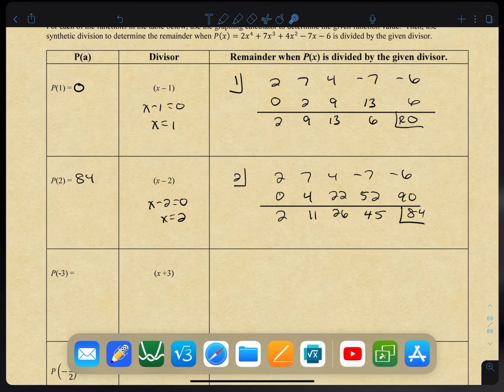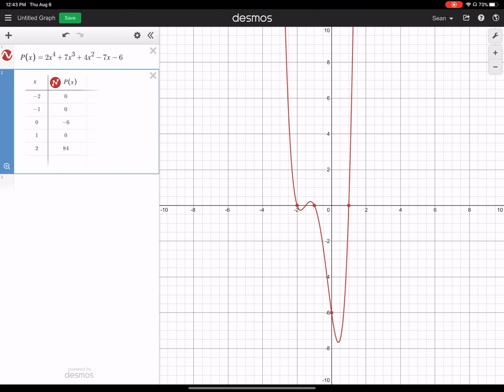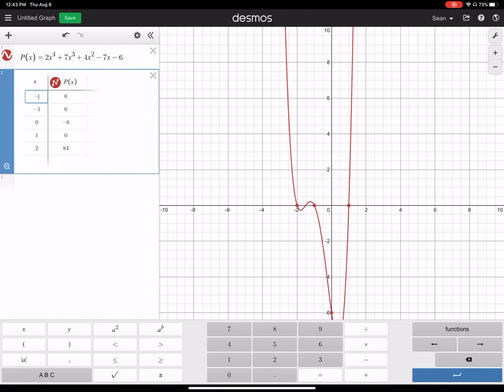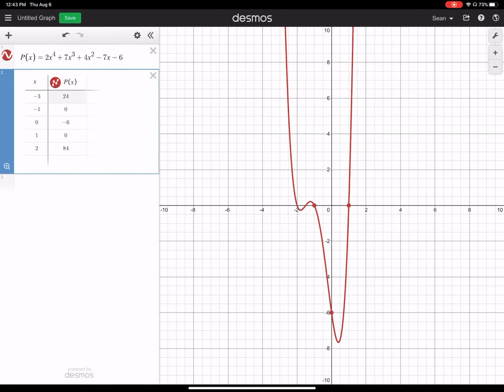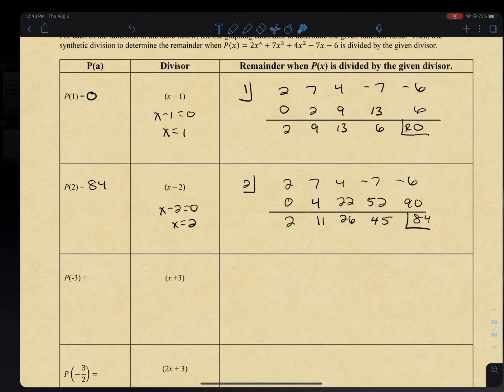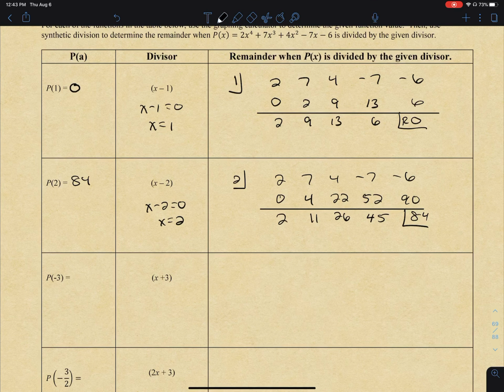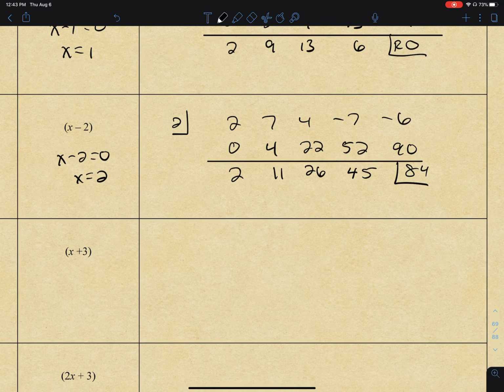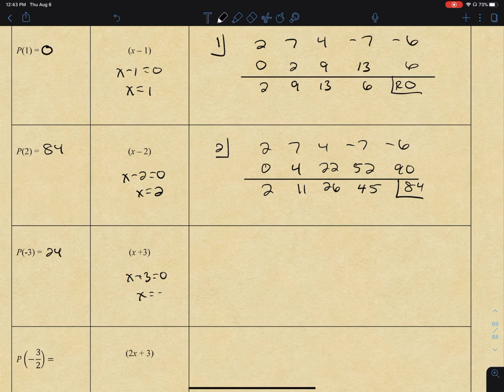What about -3 if we put that in? If I put -3 in, I should get 24 for the answer. So if I divide this polynomial p by x plus 3, I should get a remainder of 24.